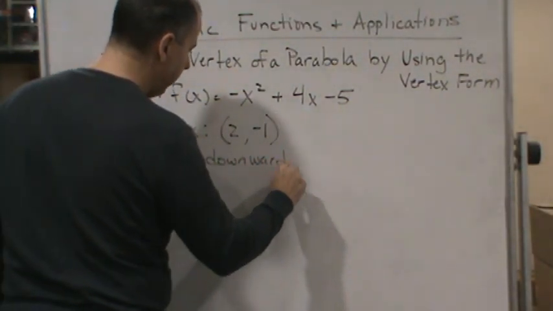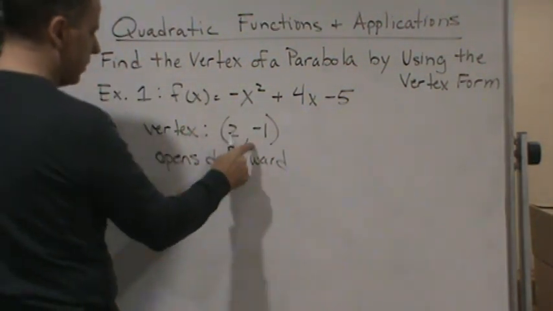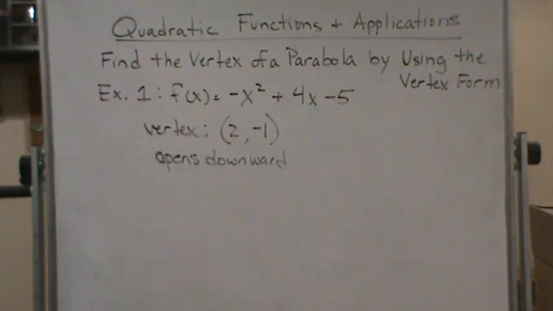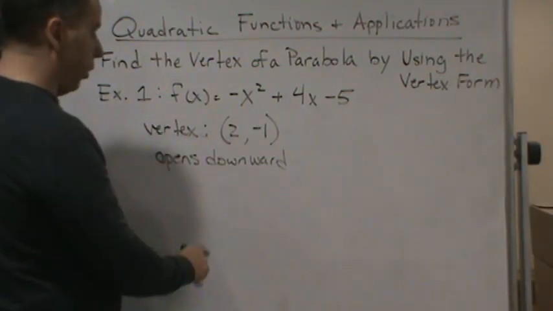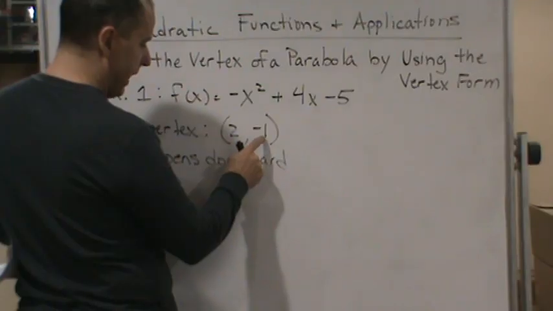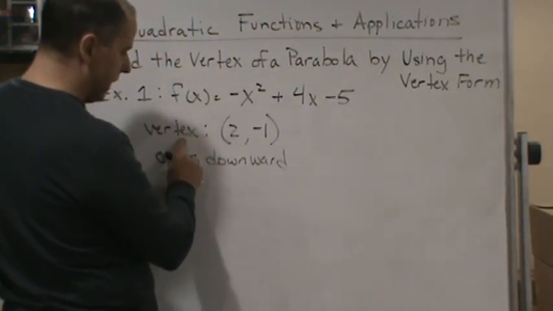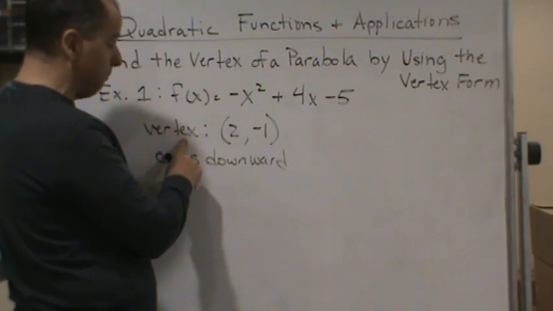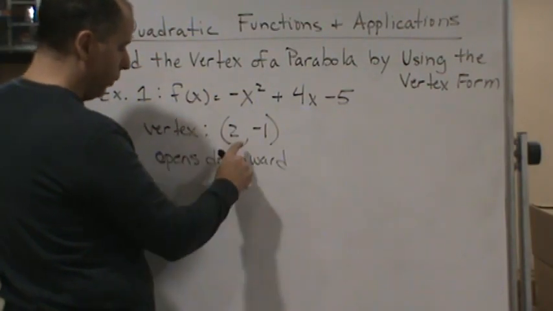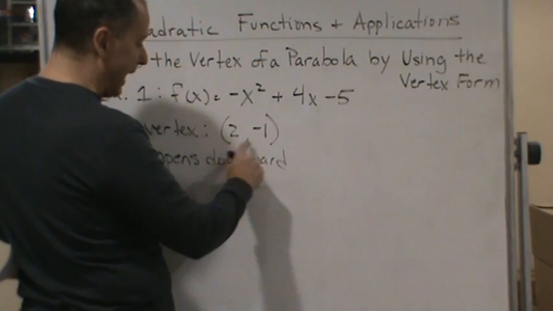Downward. Well, where is this vertex located? Is it located above the x-axis? Is that vertex located below the x-axis? Well, in this case, it's below. Because it opens downward, the vertex represents the maximum point on the graph, which means this point is the maximum.